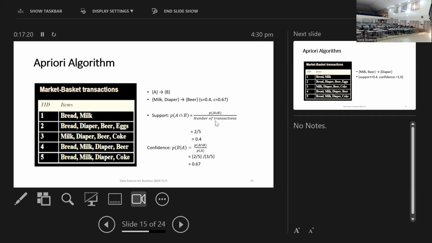The fourth person was bread, milk, diaper. Fifth person was bread, milk, diaper. So if you want to calculate the support, we decided on two items, milk, diaper, and beer. So milk and diaper is our antecedent, and then beer is our consequence.